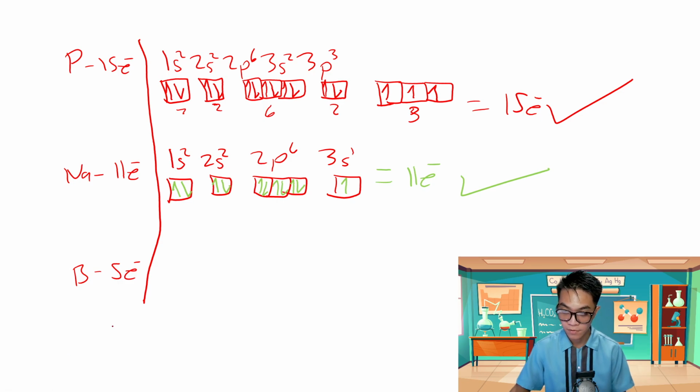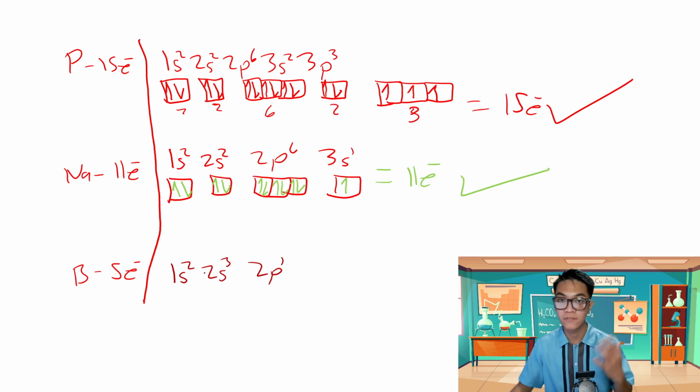Alright, so getting down to the last but not the least atom that we'll configure for today. This is boron with 5 electrons. This will be 1s2, 2s2, and 2p1. A total of 5 electrons. Now we draw down all of their orbitals.